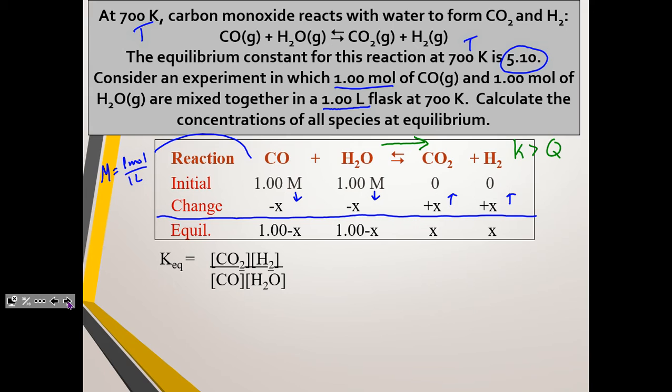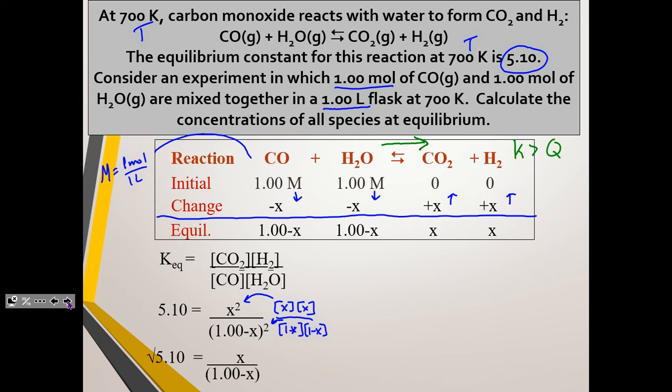We will write our equilibrium expression, products over reactants. Everything is a 1 or a first exponent. When we plug in the values, what we got here was x times x over 1 minus x times 1 minus x, which is why you see the squared terms here and here.